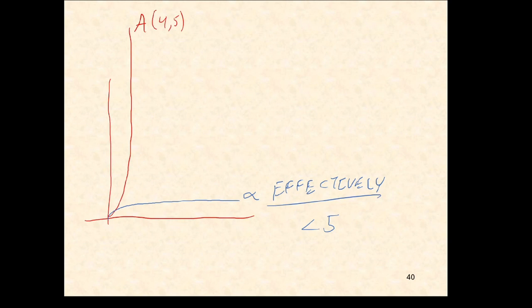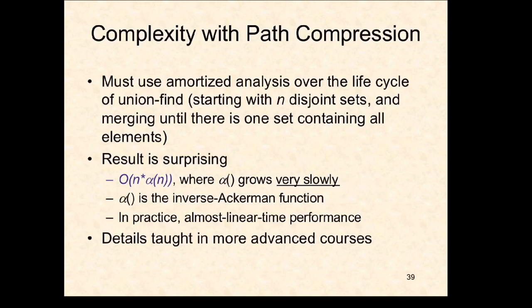It's not like log. My example kind of sounded like log, but it's not. It's much slower even than log. So you'll never ever see an inverse Ackermann greater than 5, or even 5 would be unlikely.